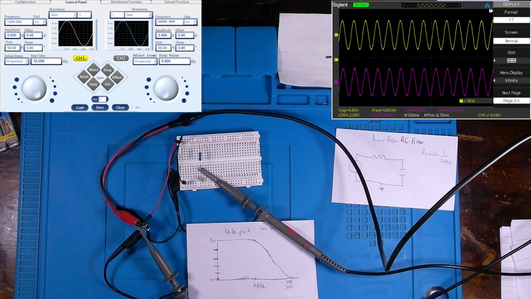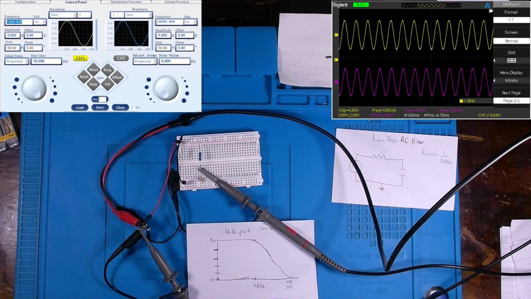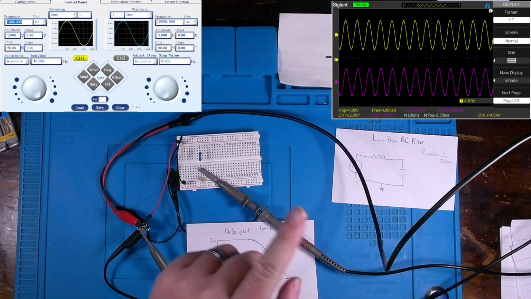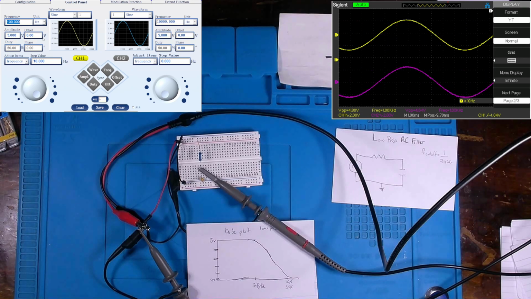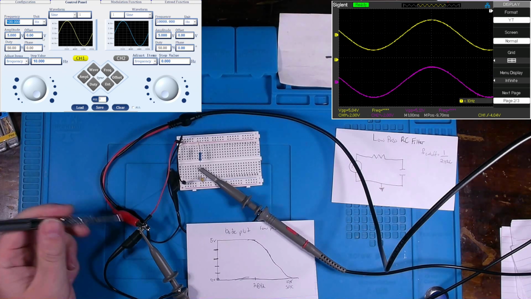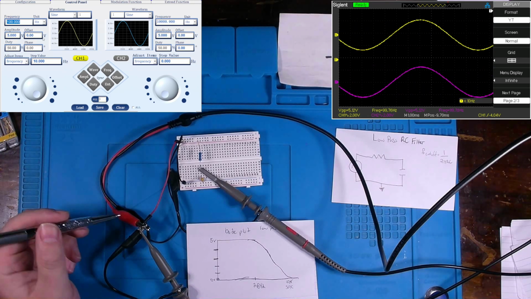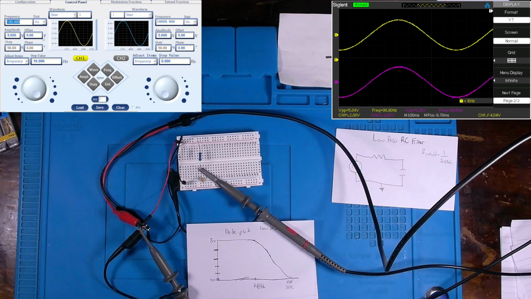So looking at not our SIGGEN over here on the left side, but our oscilloscope, I can drop this down to 100 hertz, and we can see our input frequency coming on channel A, which is the yellow line, and our output frequency, they're roughly the same amplitude.